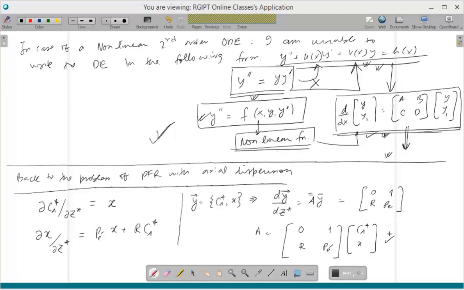Having said this, all I need to know now is how to solve this. Besides that, I need to have the boundary conditions in place.